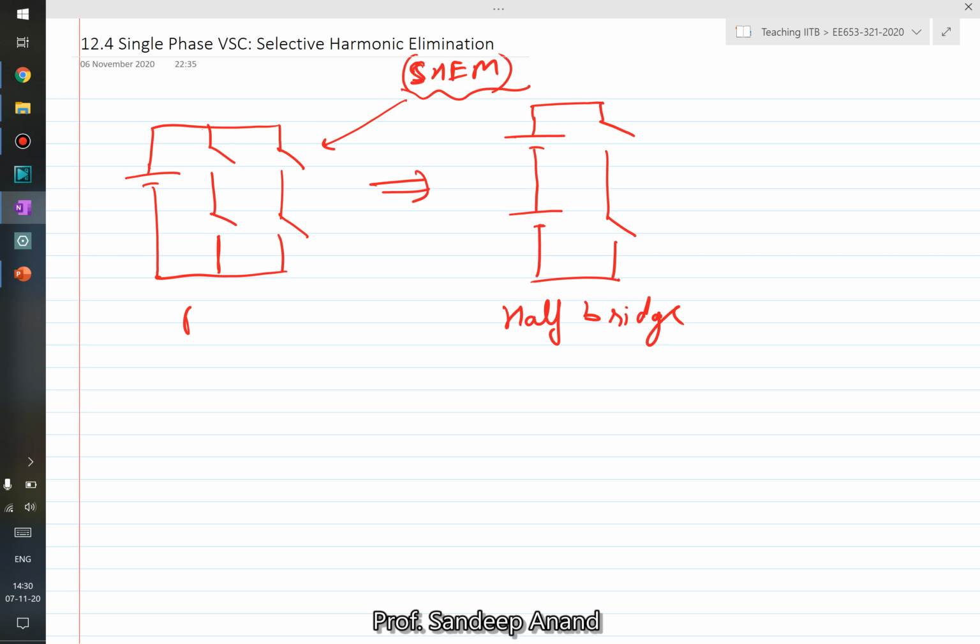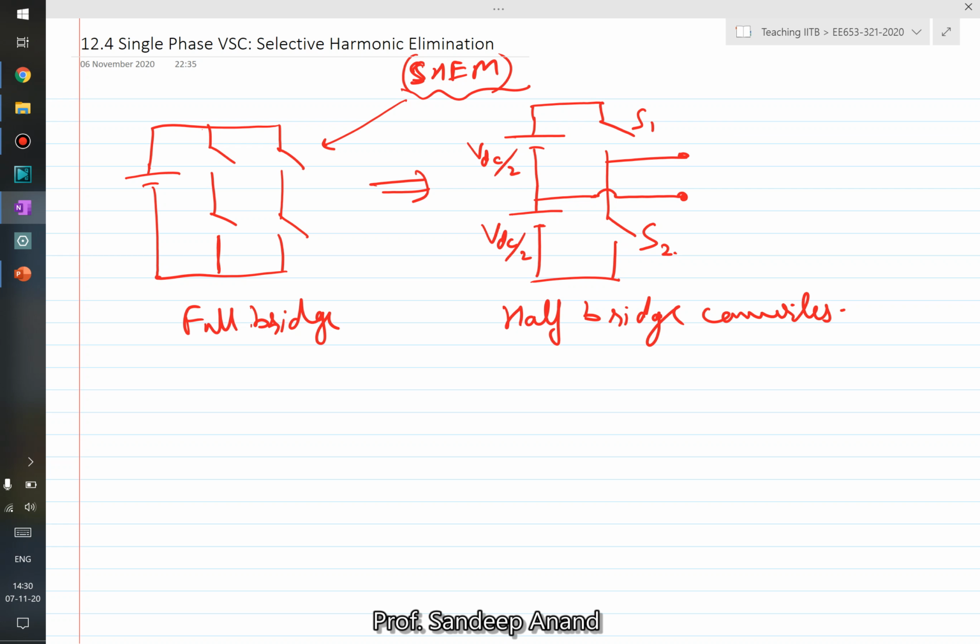The left one is full bridge, right one is half bridge converter. If you see, there's one wire which goes from here and the other wire which goes from here, right? So this is switch S1, switch S2, and this is VDC by 2 and VDC by 2.